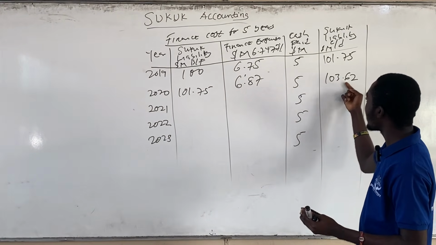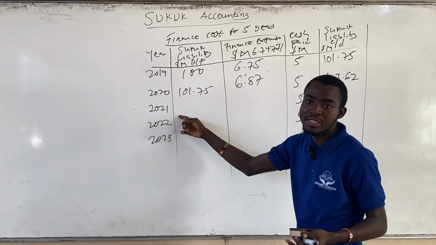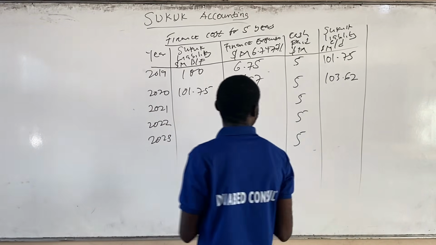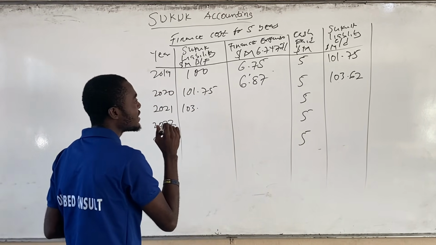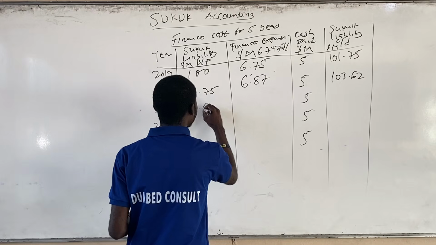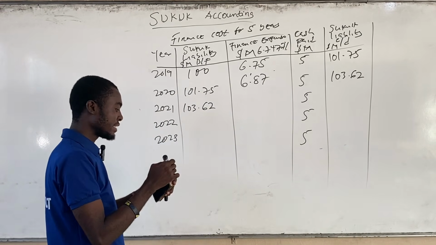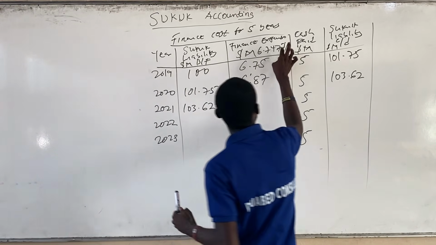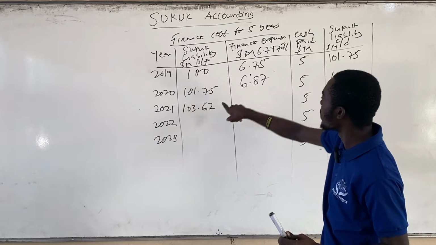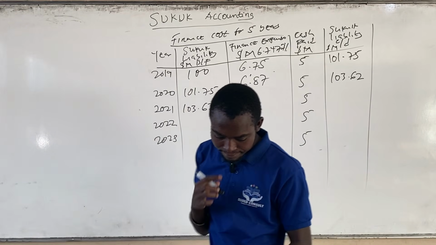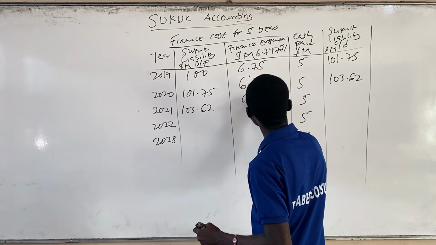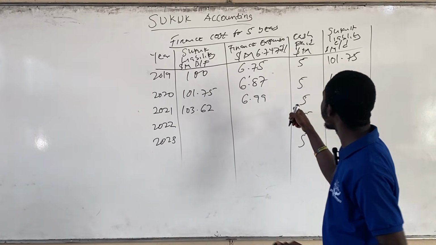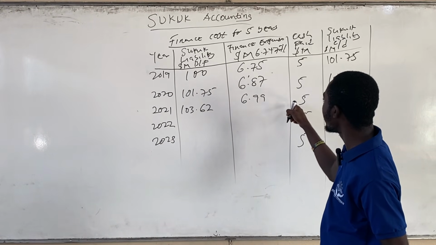And then this amount will serve as an open balance for 2021. So at the beginning of 2021, the amount that the originator is owing the Sukuk holder will be 103.62. We apply the finance expense rate on this, and then you will get 6.99. And then you subtract the cash amount that they paid, which is 5.